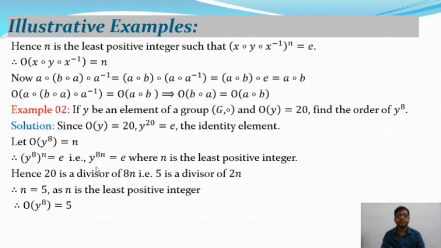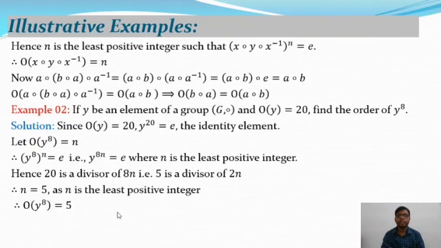That means 5 is a divisor of 2n. So n is equal to 5, as n is the least positive integer such that 5 is a divisor of 2n. Therefore the order of y to the power 8 is equal to 5.